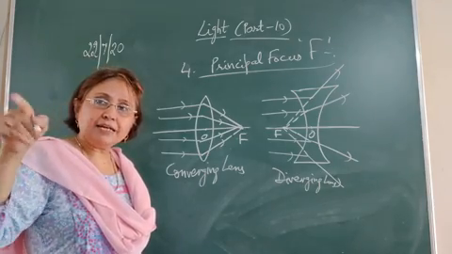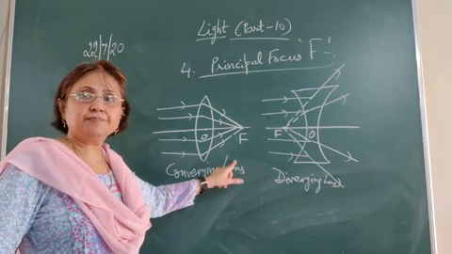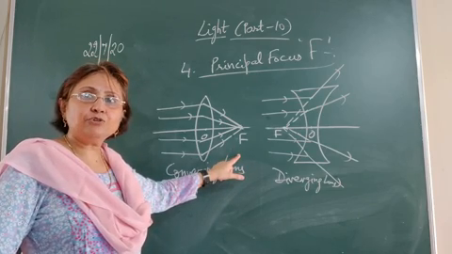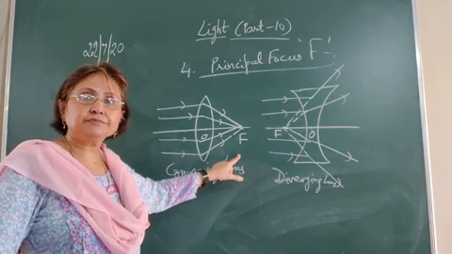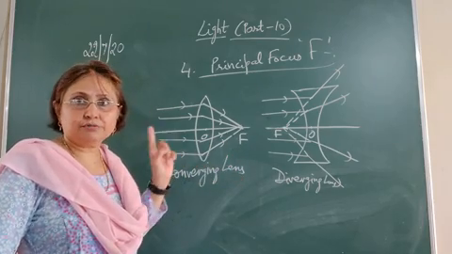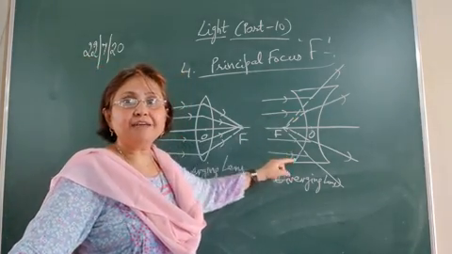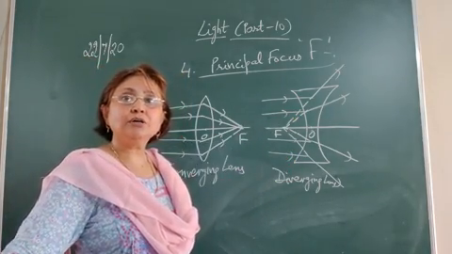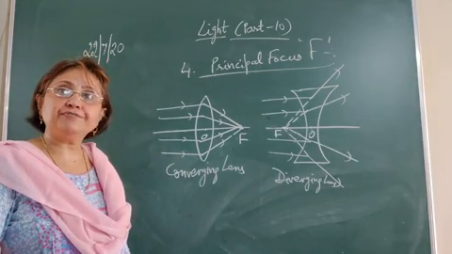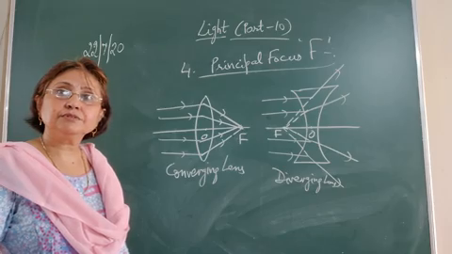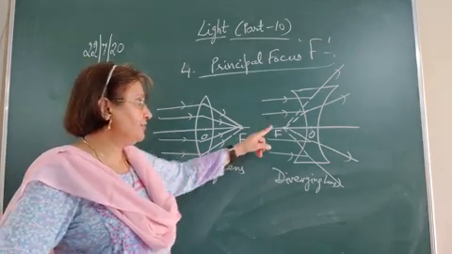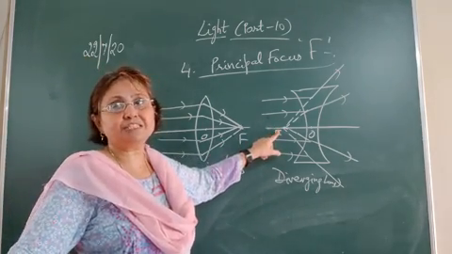In the bracket write down convex lens. Or appears to diverge from a point on the principal axis.